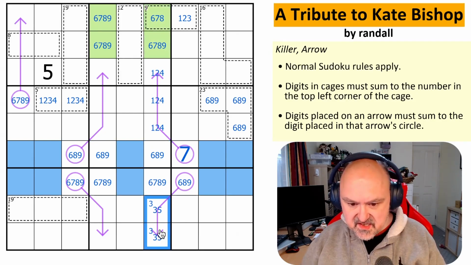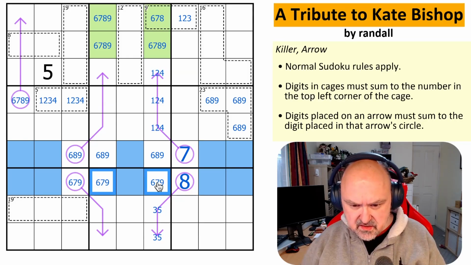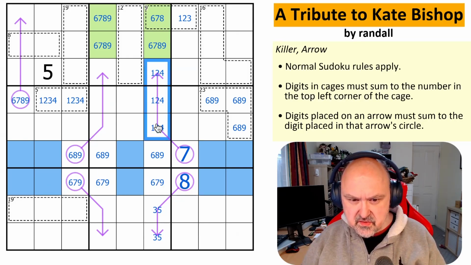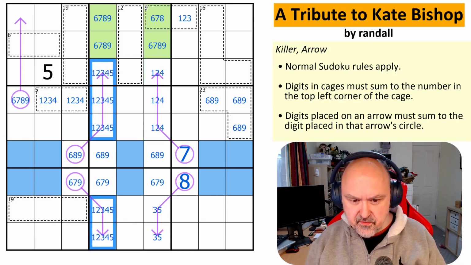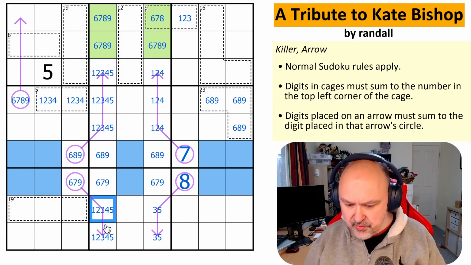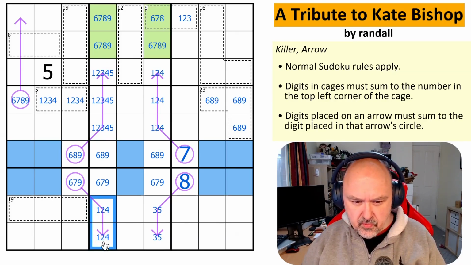So I can't put 6 in here. This is 3, 5, which makes this 8. Which means this is not 8. These are not 8. These are 1, 2, 3, 4, 5 because I've got 6, 7, 8, 9. But I can't put 3 or 5 on there. They're 1, 2, 4.